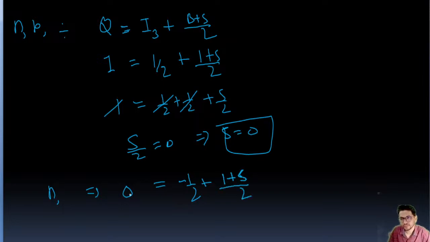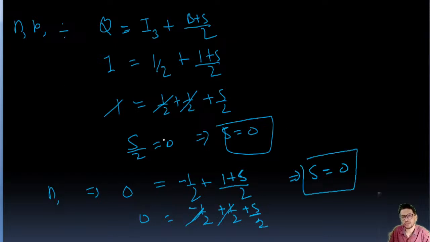So 0 equals minus 1 by 2 plus 1 by 2 plus S by 2. This will get cancelled, that means S equals 0. So for a nucleon, strangeness is 0, so they are not strange particles.